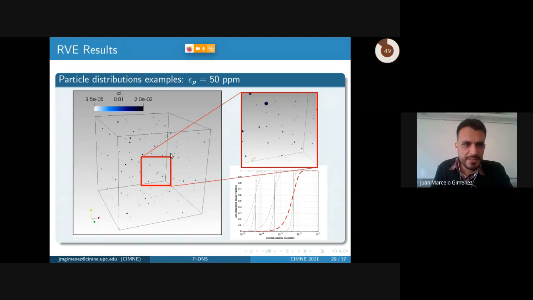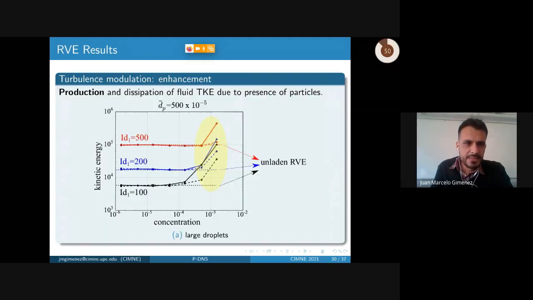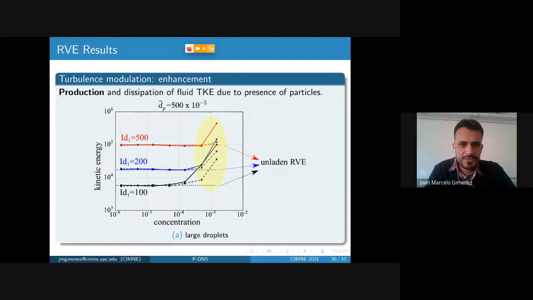This is another case where we use a lower concentration. And the comparison here shows that if we compare with the unladen case, this is the RVE without particles, where we have imposed the same shear stress, the same ID1 and ID2 values.